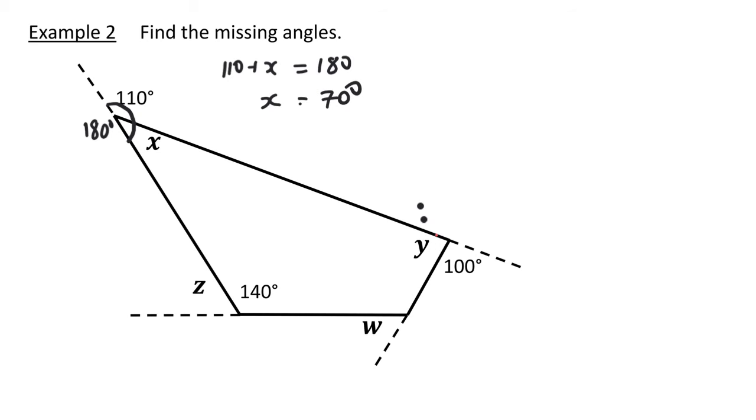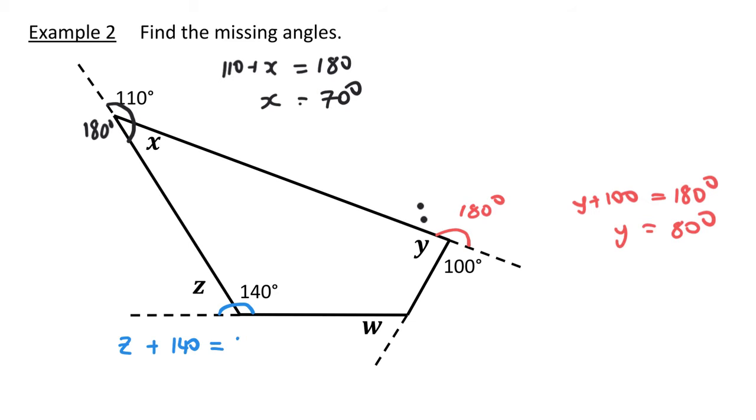Similarly with y, it's lying in a straight line, so y plus 100 equals 180 degrees. So y then is 80 degrees. And for z, they're lying in a straight line. So z plus 140 equals 180. So z equals 40 degrees.